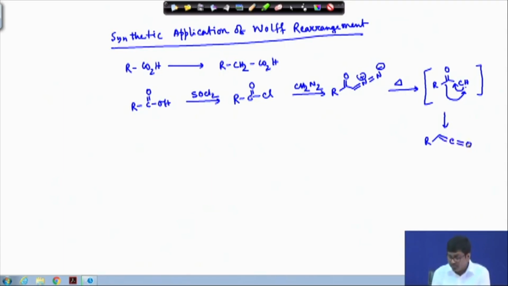Now, if we have water as a nucleophile, then what we get is the corresponding carboxylic acid with 1 carbon extra. Similarly, if we take R prime OH, that means alcohol as the nucleophile, then we will get the corresponding ester with 1 carbon more.